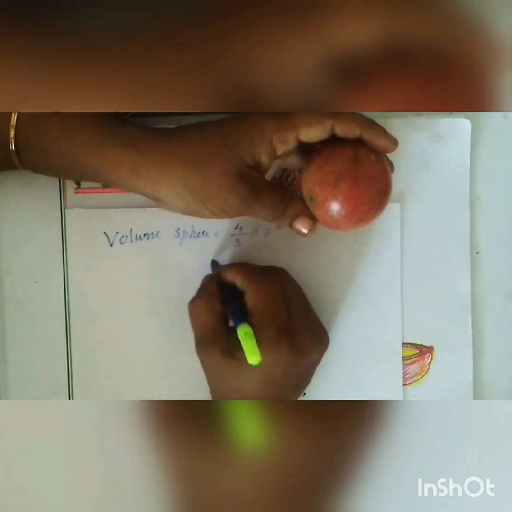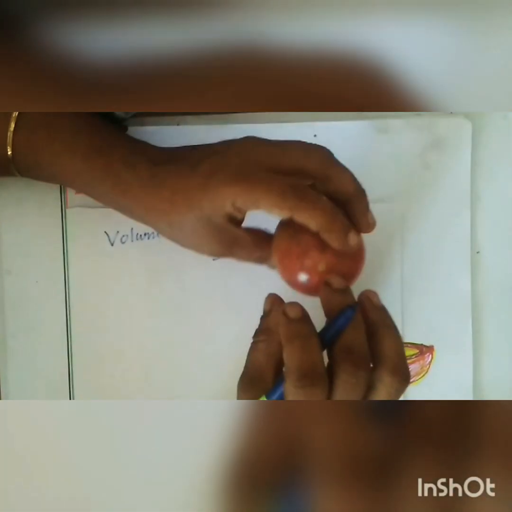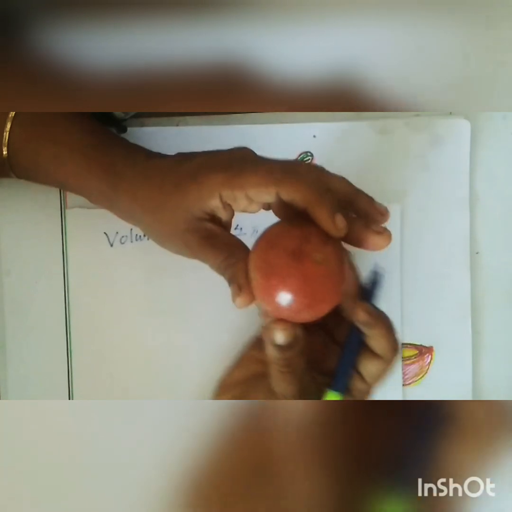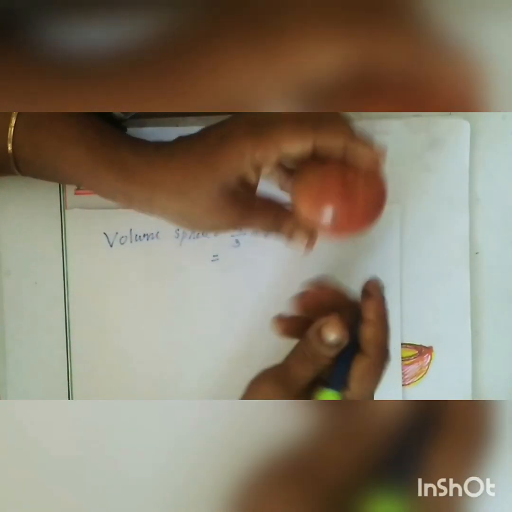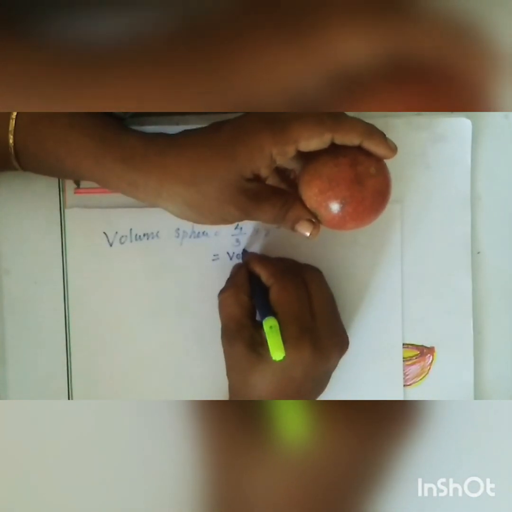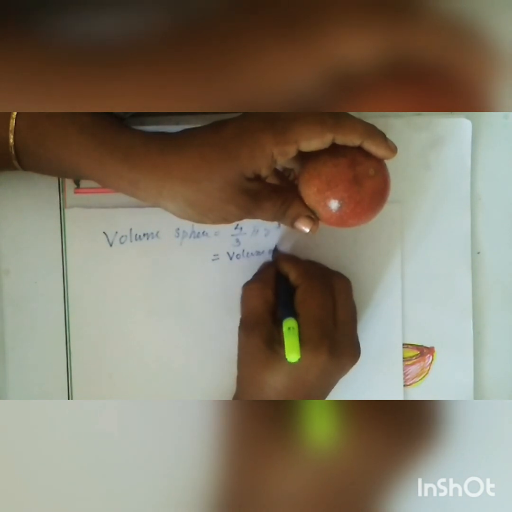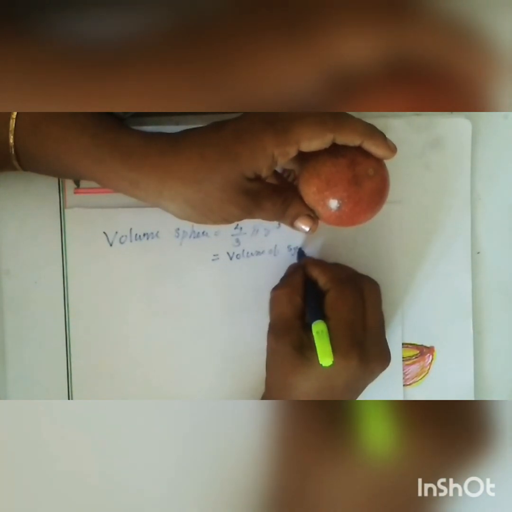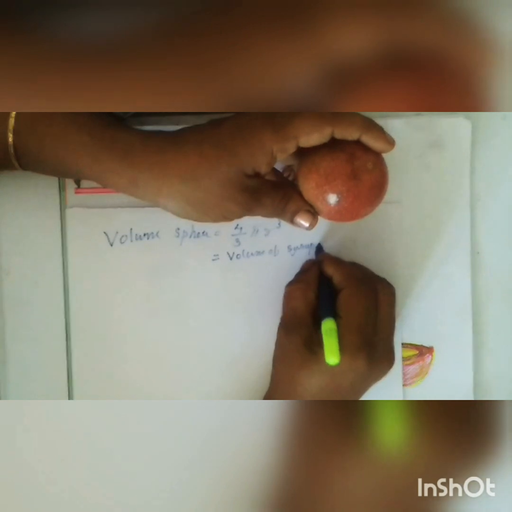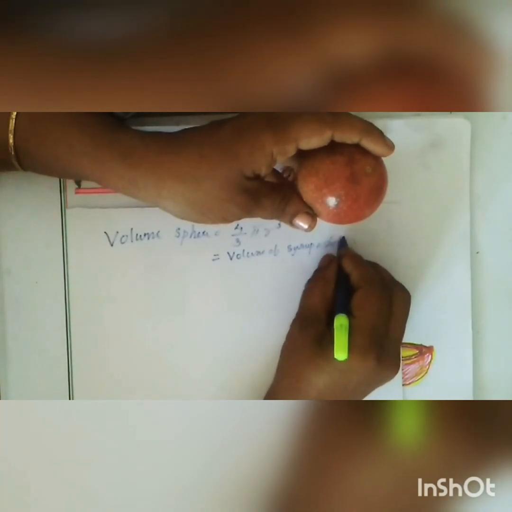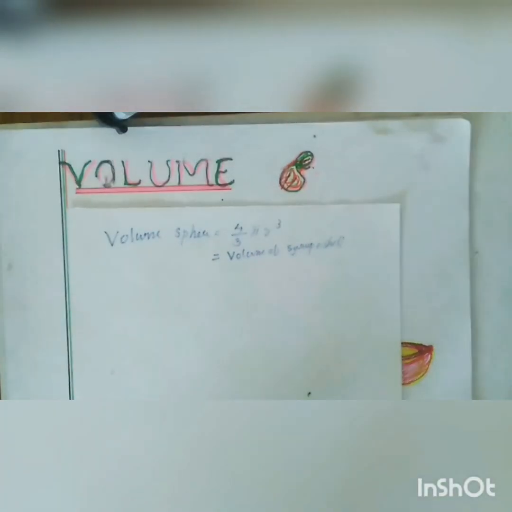Inside this shell there is syrup. That is, the volume of syrup plus shell is equal to 4 by 3 pi r cube.